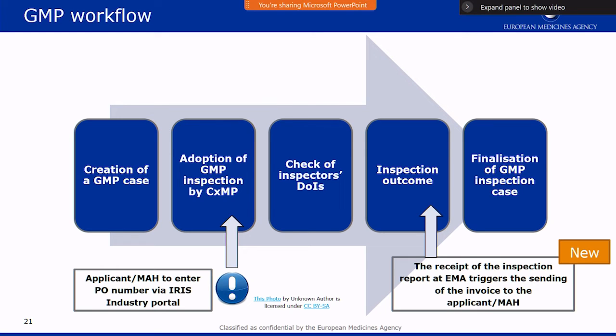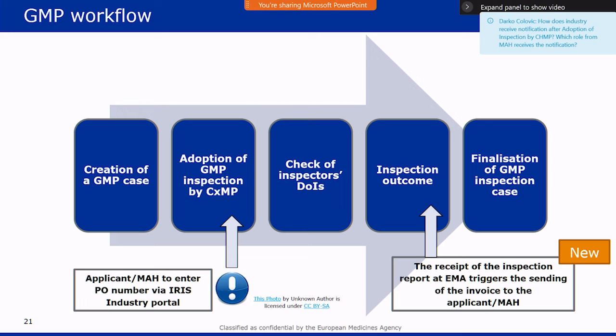So, for example, if it's a GMP inspection, is the site GMP compliant or not? Any additional information that the inspectors want to flag to us, and also when is the next inspection, so the reinspection date. Once all that is clear, then we will proceed with the finalization of the case, and you will be notified that the case has been closed.